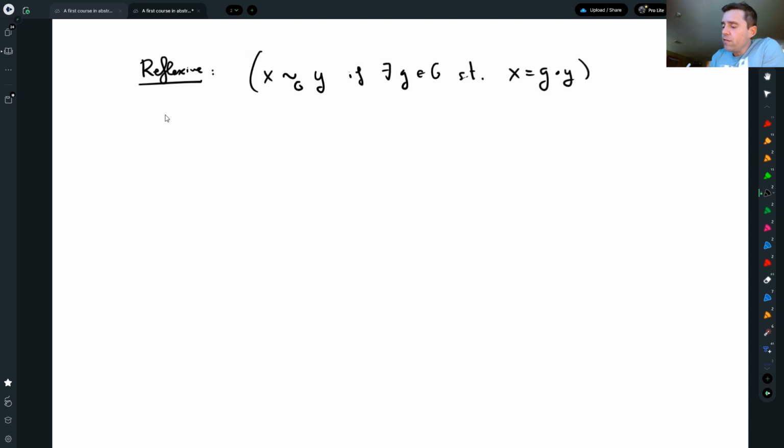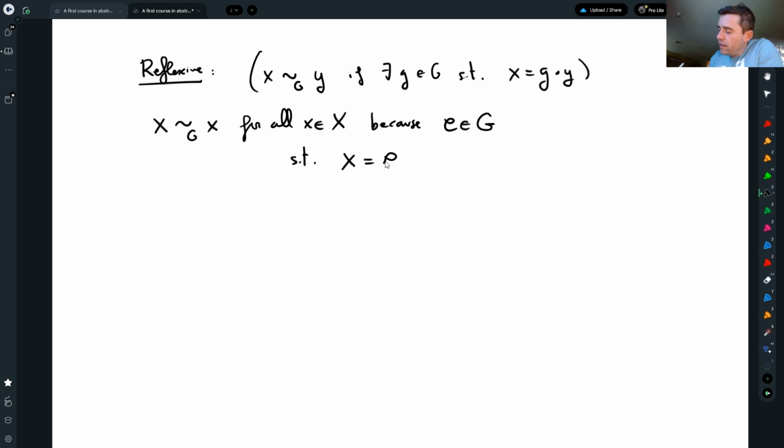So reflexive means that we want to show that x is equivalent to x for all x. And that is true because there is an element, which is the identity, such that x is e times x, and therefore x is G equivalent to itself. So that proves that the property is reflexive.